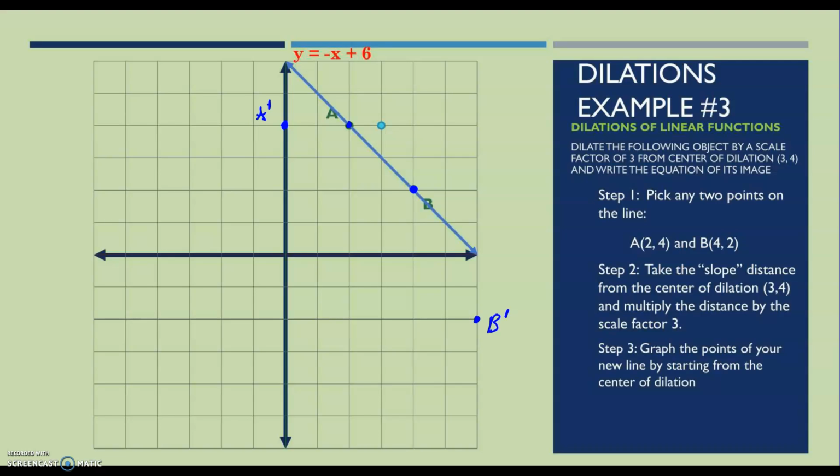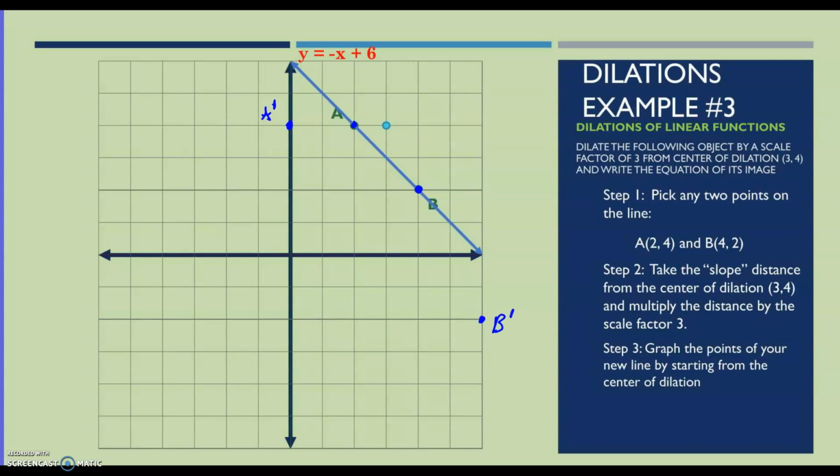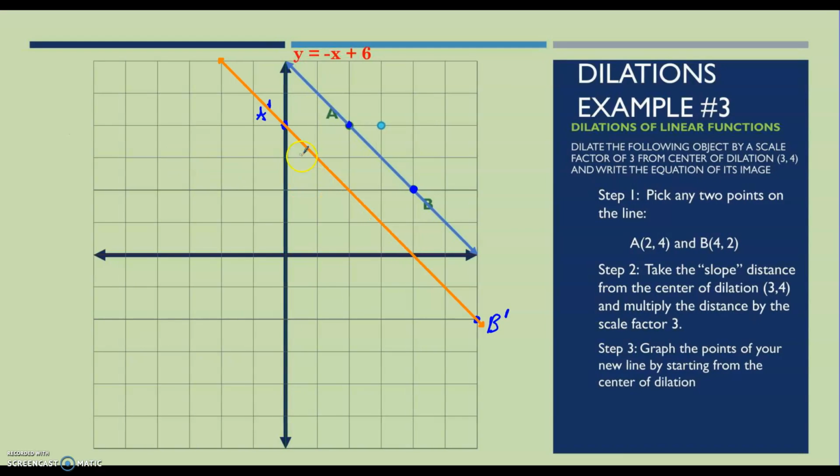And what I want to do is, instead of just drawing a line segment, I draw a line itself with the arrows and whatnot. So here's my new line. This is essentially my image. And if I want to write the equation of my image, notice my slope is going to be down 1, right 1.